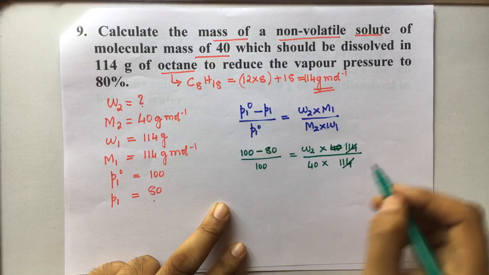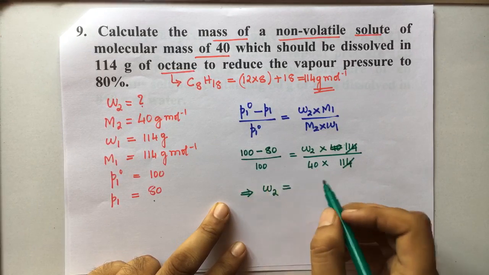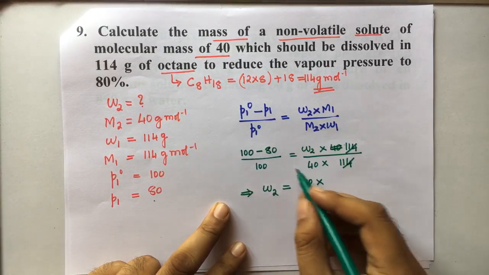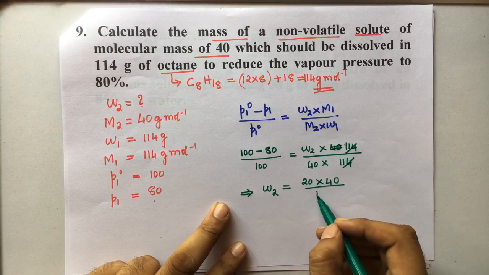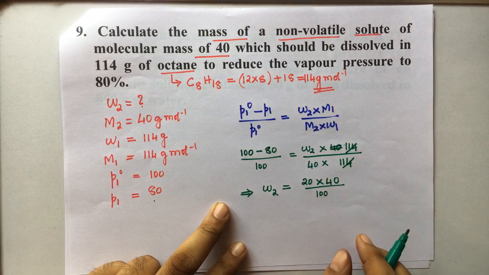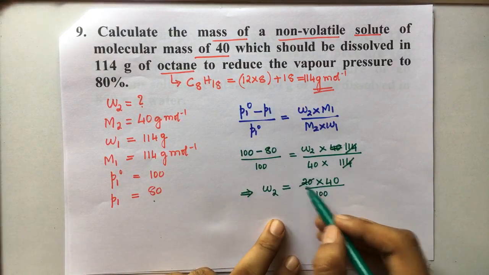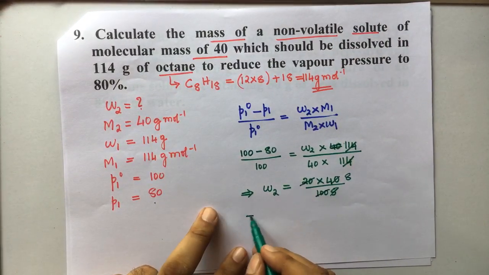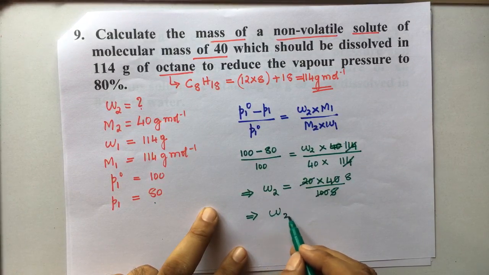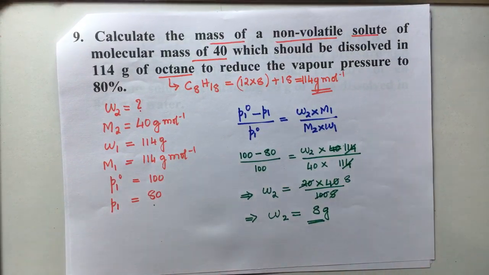So this 114 cancels, implies W2 will be equal to 100 minus 80 is 20, 20 multiplied by 40 divided by 100. You can calculate it easily. So what is the mass of solute that has to be dissolved so as to decrease the vapor pressure to 80%? It should be equal to 8 grams.